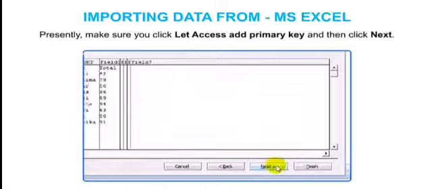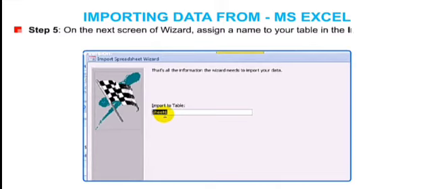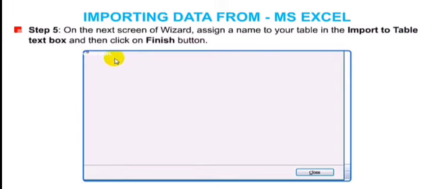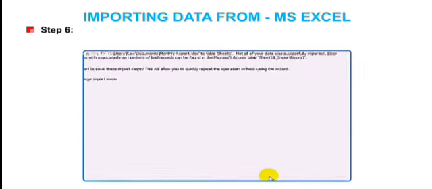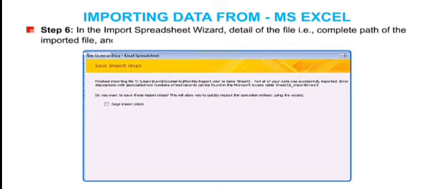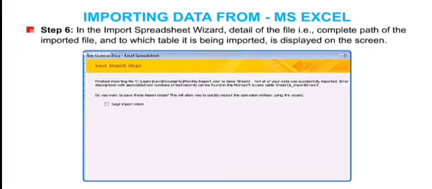Step 5. On the next screen of the Wizard, assign a name to your table in the Import to Table text box and then click on the Finish button. Step 6. In the Import Spreadsheet Wizard, details of the file, that is, the complete path of the imported file and the table to which it is being imported, are displayed on the screen.